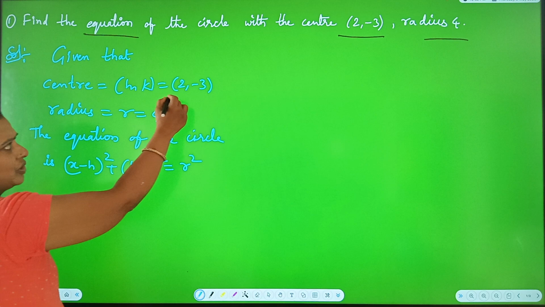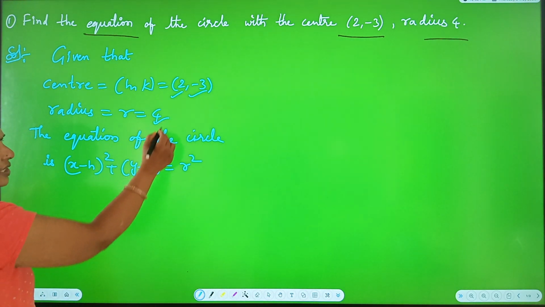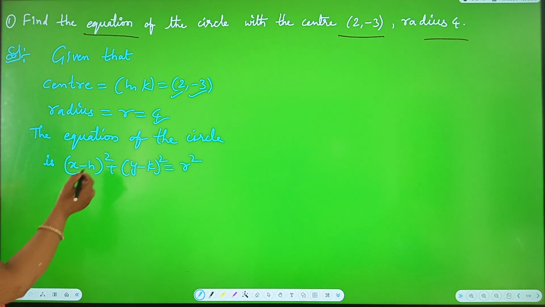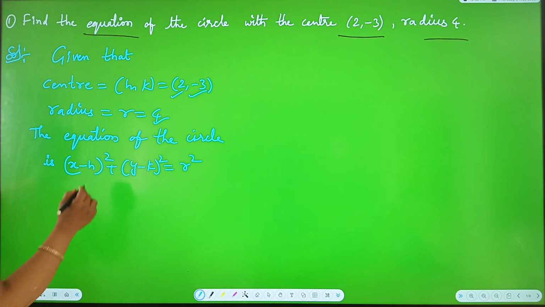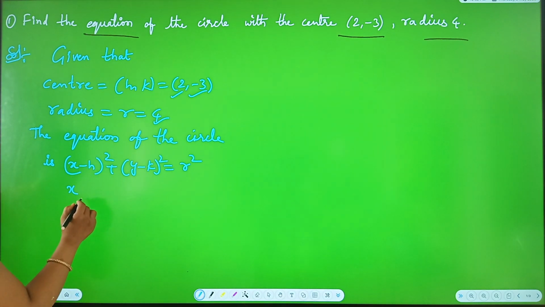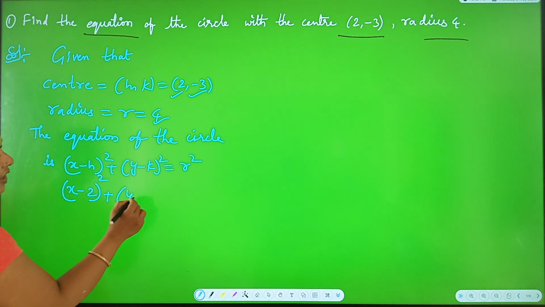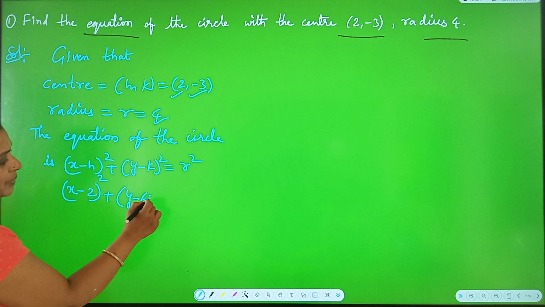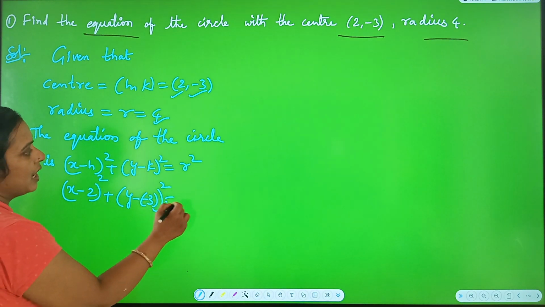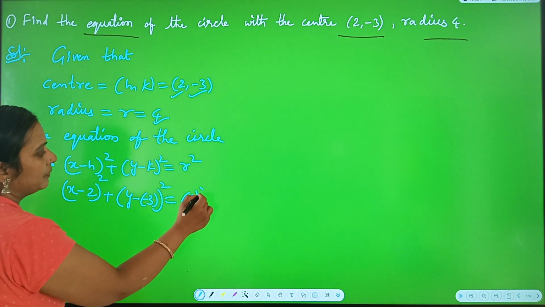Now substitute the h and k values and the r value in the general form of the circle equation. In the place of h write x minus 2 whole square plus y minus k, that is y minus (-3) whole square, equal to 4 square.